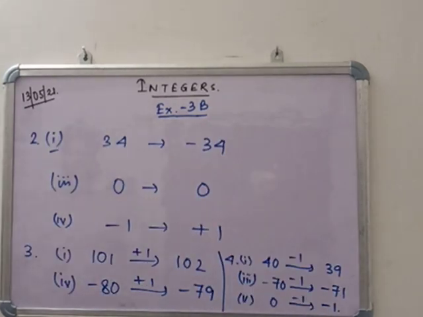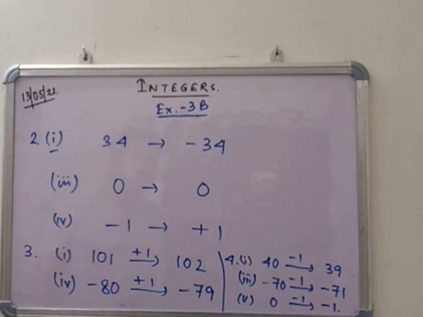Now in 2a1, find the additive inverse. So the additive inverse of 34 is minus 34. Now number 3, 0. The additive inverse of 0 is 0. And the additive inverse of minus 1 is plus 1. In number 3, you have to find the successor, that means plus 1, so 101 plus 1 is 102.